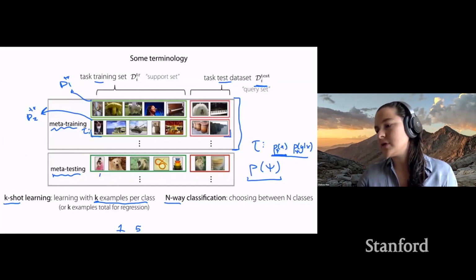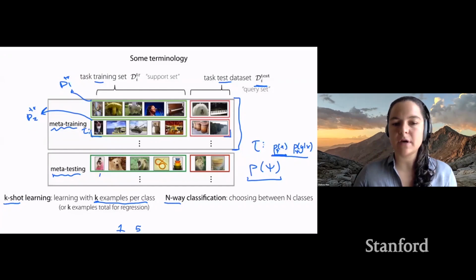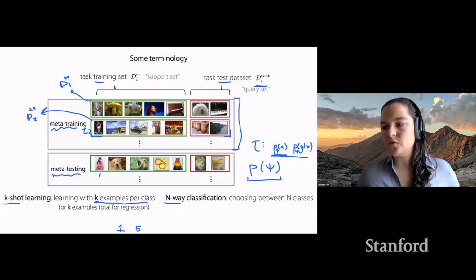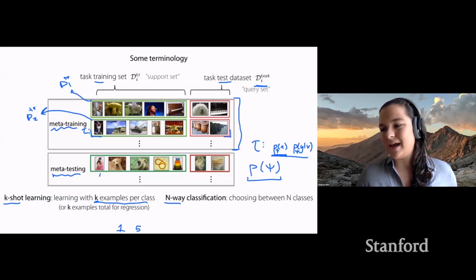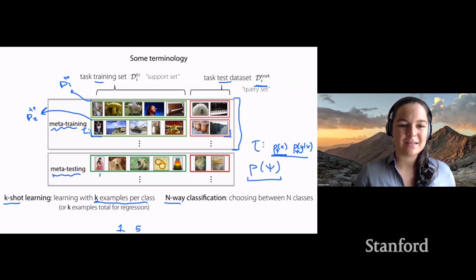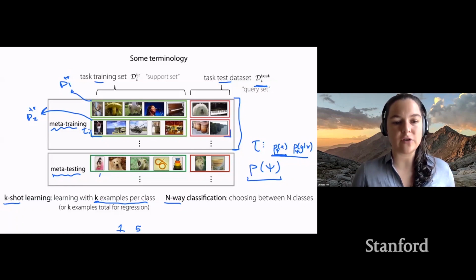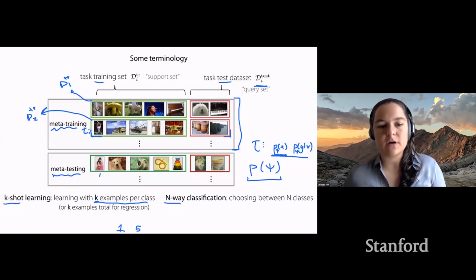Yeah, so in practice you could have a varying n for different tasks. You do want a scenario where the meta testing task has a value of n that's no larger than any of the n that you saw during training, but you can have variable n. Okay, thank you.